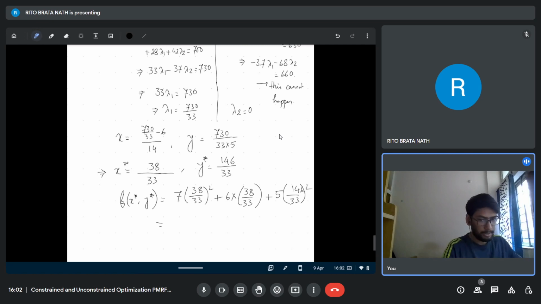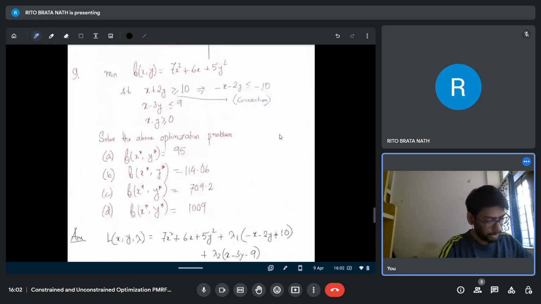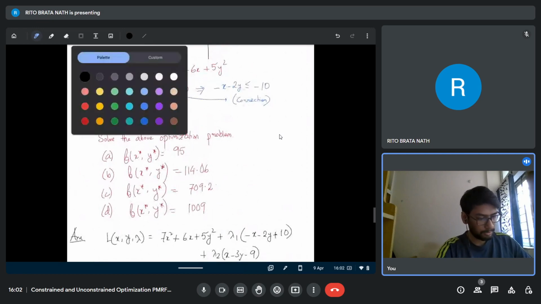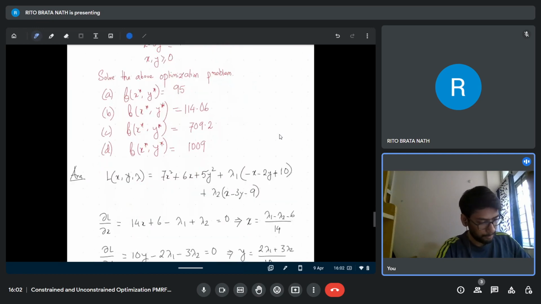Okay, if you do that, let me do that on my calculator. Okay, it's indeed 114.06. So option B is the correct answer, which was also given, but the question had a typo.